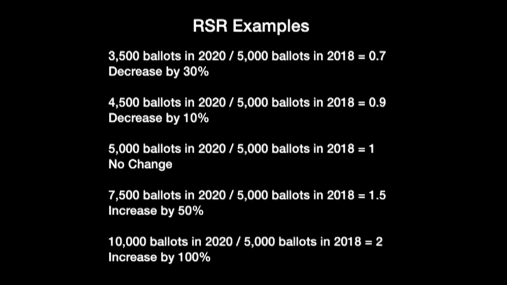Last example is you got 10,000 ballots in 2020 divided by 5,000 ballots in 2018, which gives you a value of 2, which is an increase of 100%. I made the last example because there was an area that the DPP actually increased their support rate by 100%, so you will see that RSR value of 2 later on.